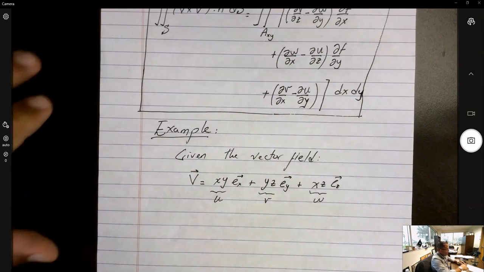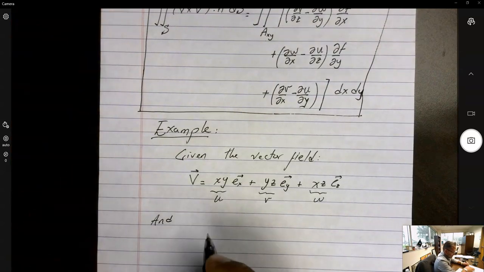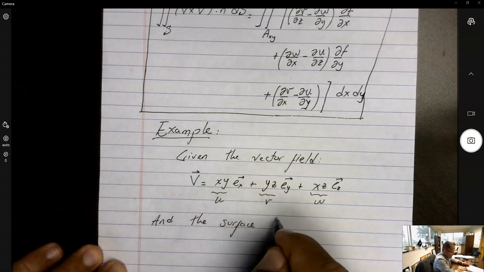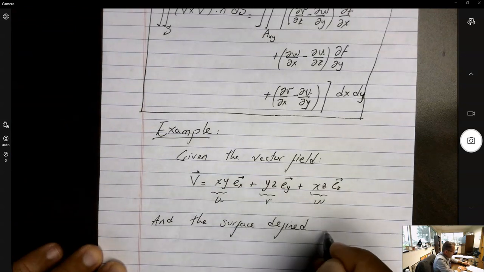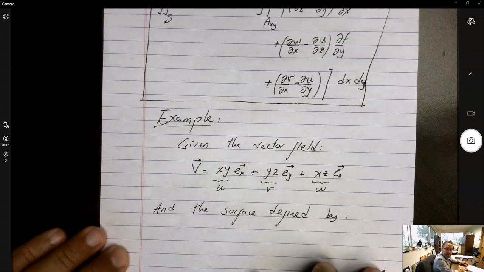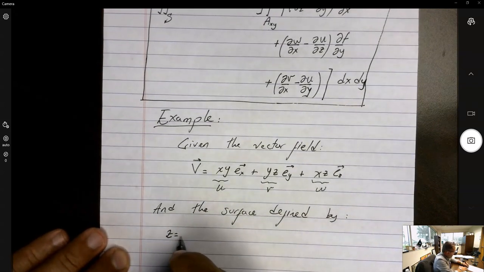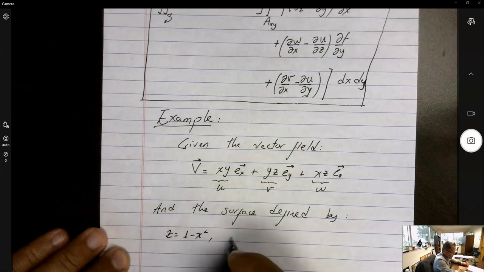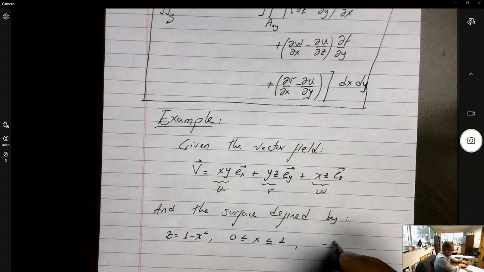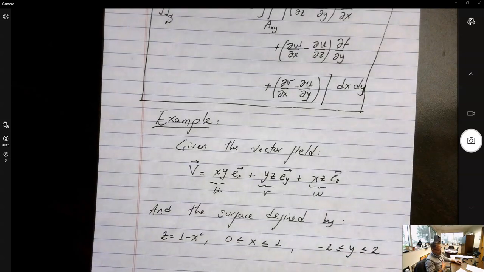All right, and the surface defined by, so we have the surface z equals 1 minus x squared, going from x from 0 to 1, and y going from minus 2 to 2.